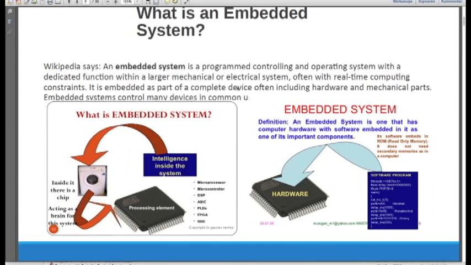Most of the time, real time, low power consumption or low cost are very important constraints if you're talking about embedded systems. Embedded means it is a part of a complete device, often including hardware and mechanical parts. Embedded systems also means controls and devices work together in a team, which is very important to us.